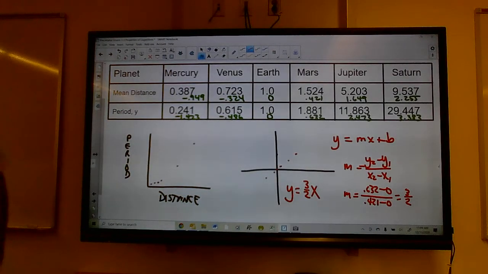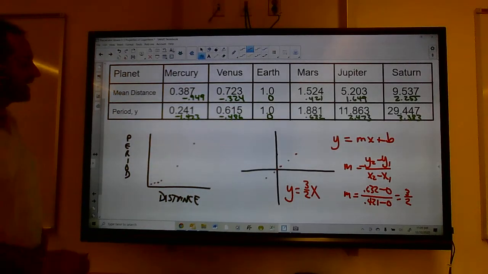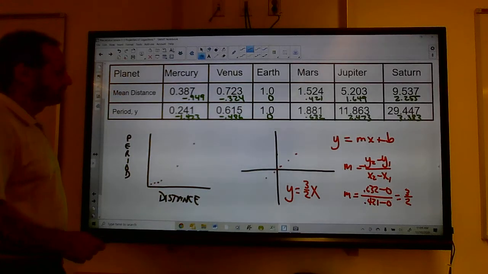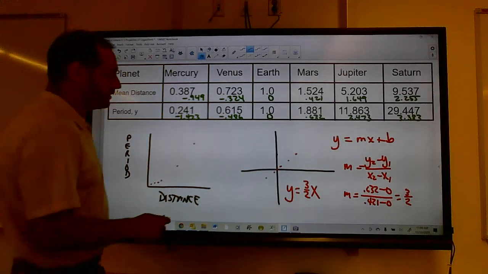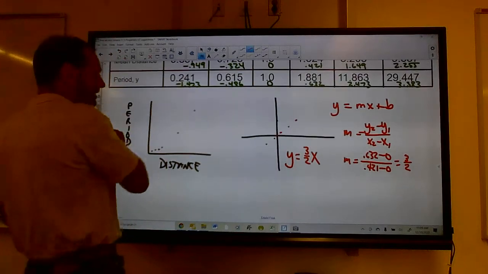Now that's in logarithms, so we had already taken the logs of these, so we need to convert this equation.